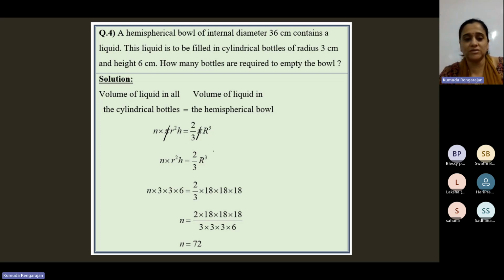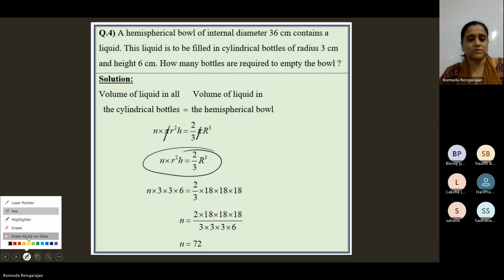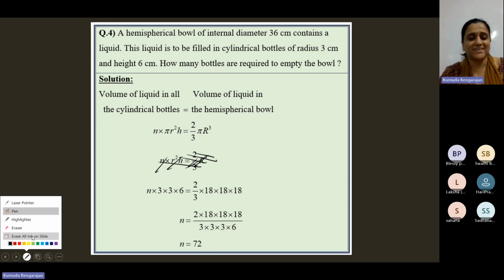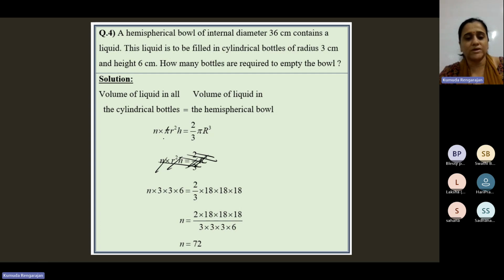Don't think this is the formula. Pi gets cancelled. You can directly write the step also. You can even ignore this. You don't have to write this actually. You can directly cancel pi and substitute n into r square into h.